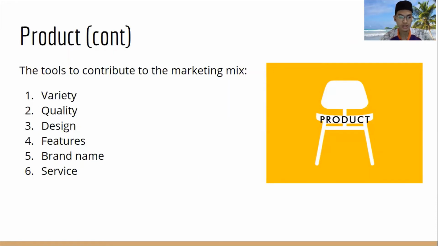Second one is quality. Quality is one of the most important tools in product, because quality is what a product can do for a customer. Product quality also is a competitive marker for brands that affect purchasing decision and profitability. And the third one is design.